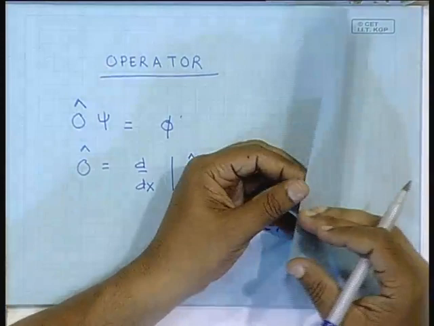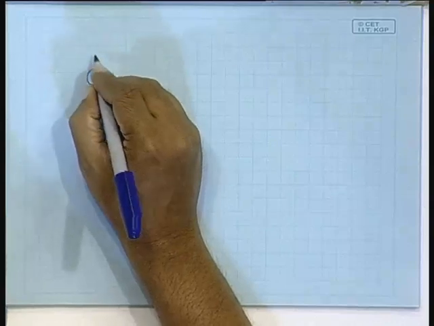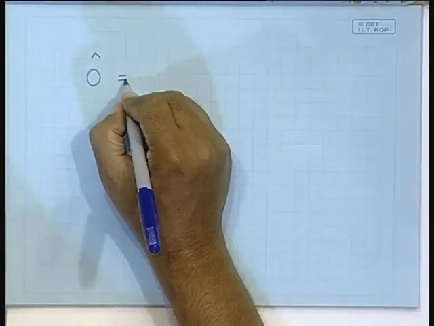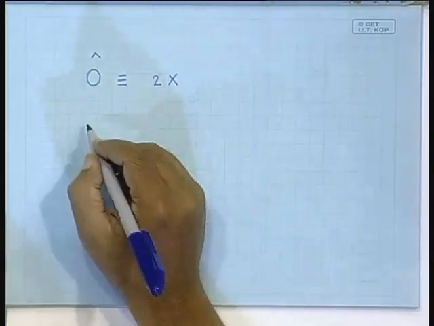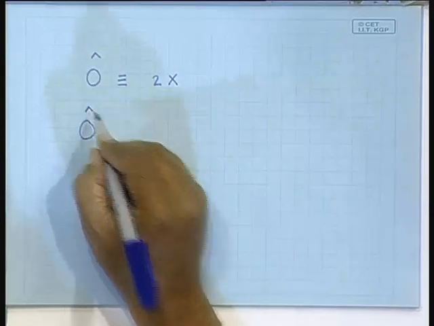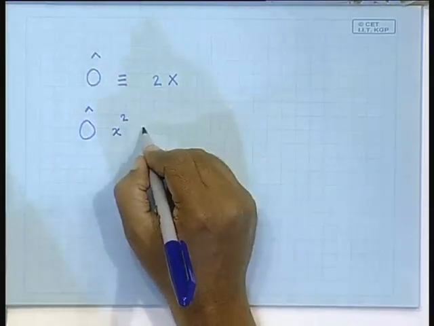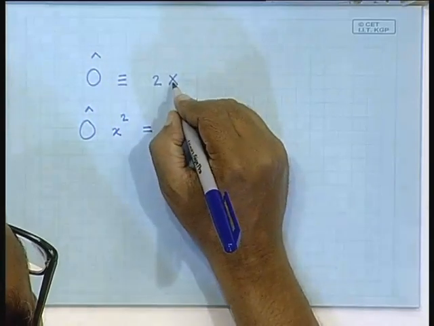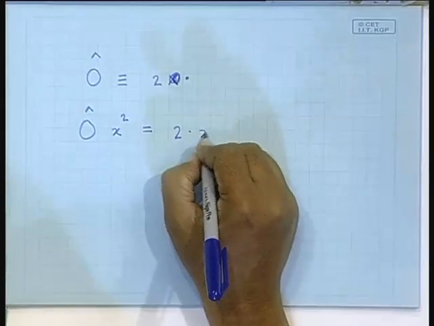Let me give you another example of an operator. We have an operator O, I am using the same symbol, let us say, which is multiplication by 2. So, O acting on, let us say, x square, where O is defined as multiplication by 2, gives 2 into x square.